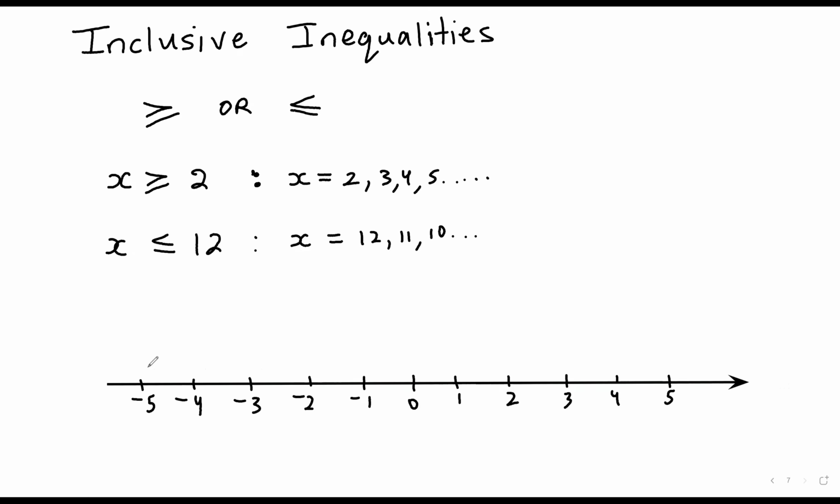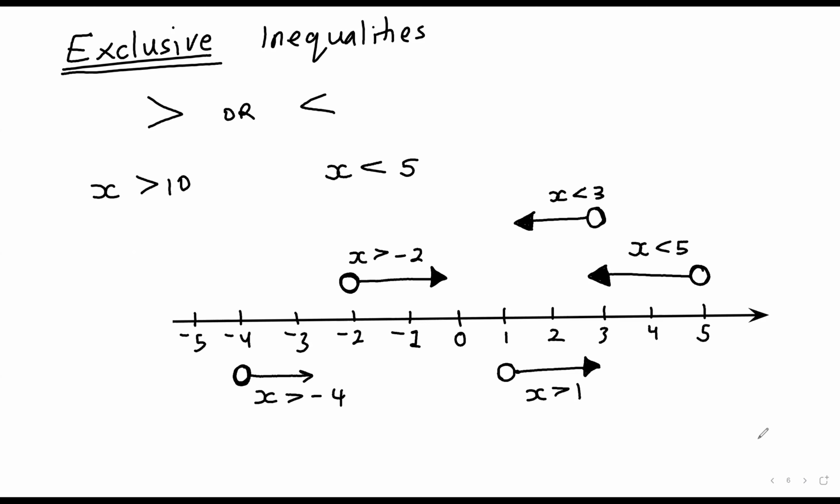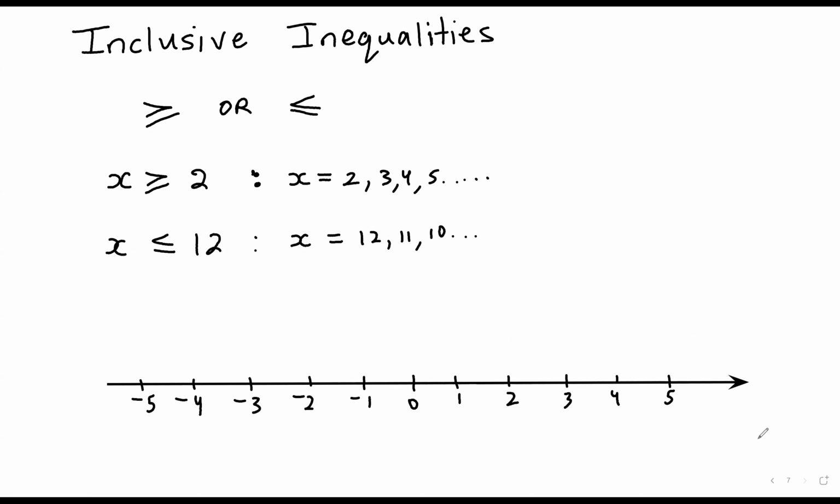If I want to show an inclusive inequality, you see how with the exclusive we use the unshaded circle, just a circle like that. For inclusive inequalities, we use a shaded circle.